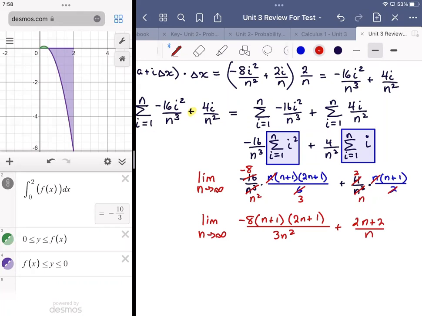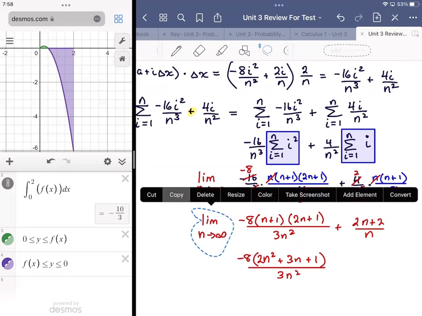I'd have to distribute these two pieces here. So that's 2n squared plus 3n plus 1 multiplied by the negative 8 all over 3n squared. Everything else comes along for the ride.